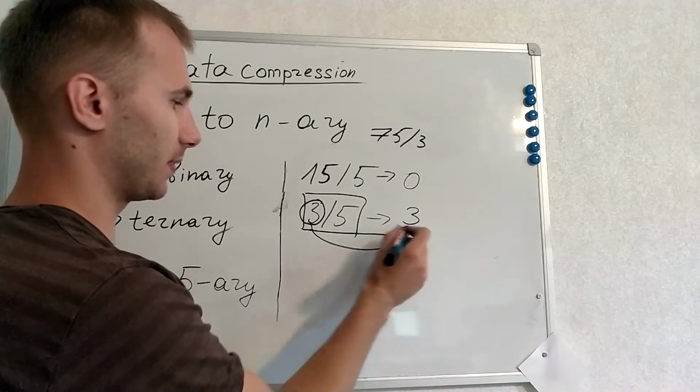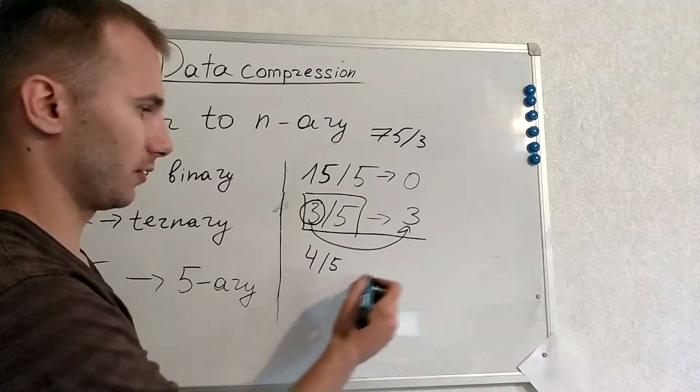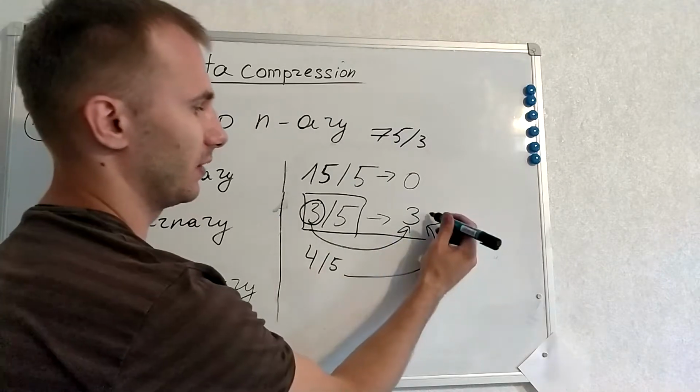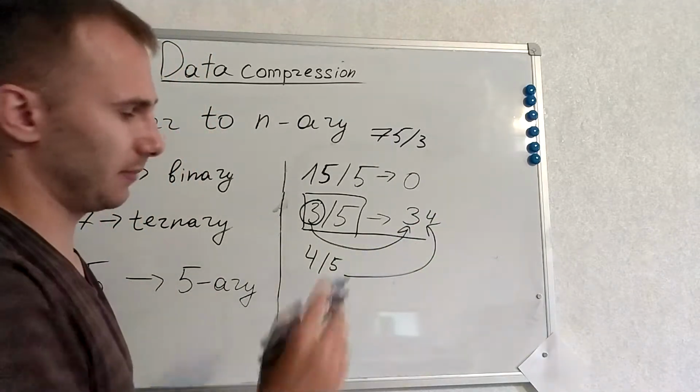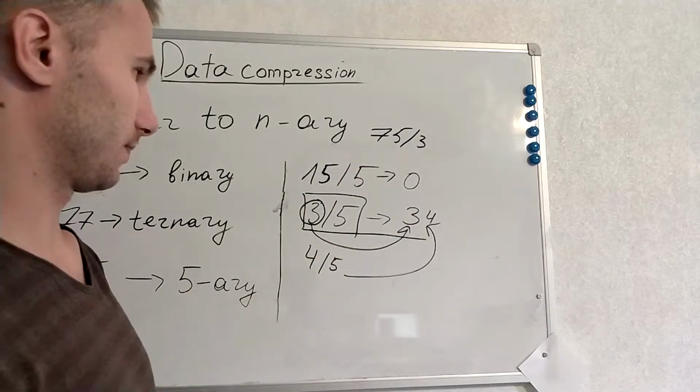This becomes part of our code. If at the end we would have gotten 4, here would be not a 3 but a 4. This is maybe not a very clear part, but that's the way the algorithm works.